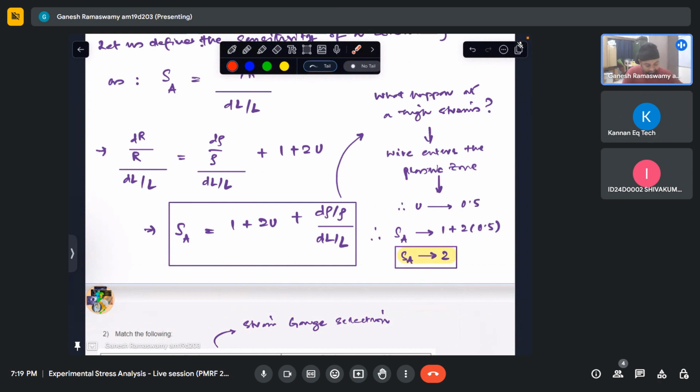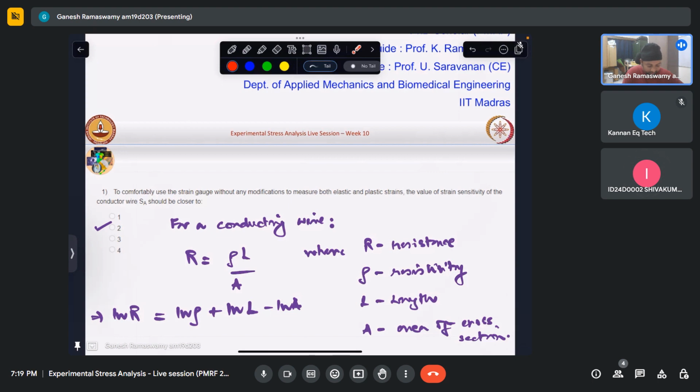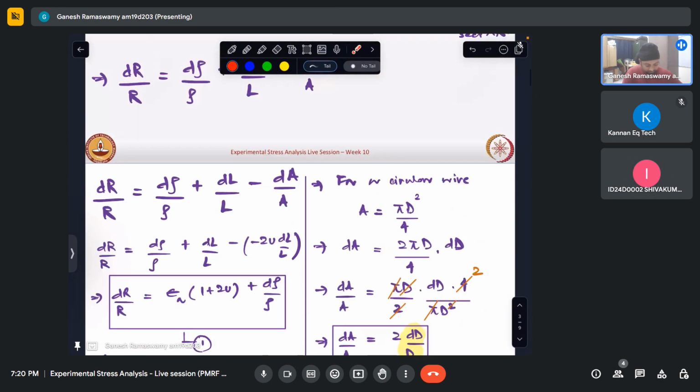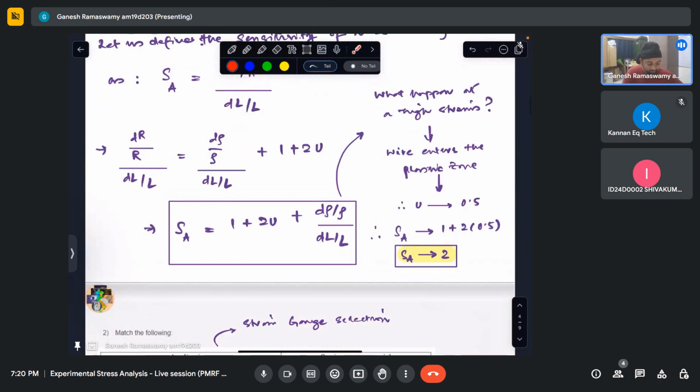No, the question said that in the lecture, the professor said, basically, this is the question. To comfortably use the strain gauge without any modification to measure both elastic and plastic strains, the value of the strain sensitivity of the conductor should be closer to which of the values is what is asked. If we were to derive this, you can see later how it is derived. Basically, in plastic strains, when the strains are high, our Poisson's ratio reaches a value of 0.5, which makes our sensitivity nearly equal to 2 because there is no change in the resistivity of the conductor.